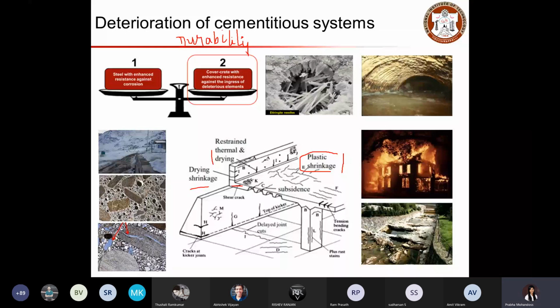And depending on the loading conditions, you will have tension cracks and compression cracks on the columns, and there will be cracks in the joints due to the restricted movement of elements between them. So all these things we will look at in detail in the module.